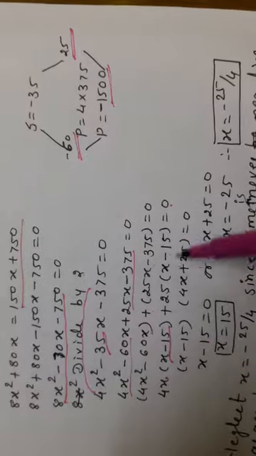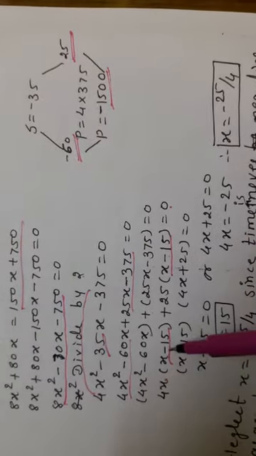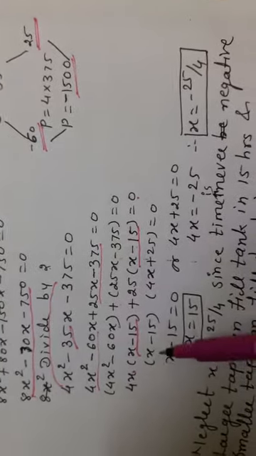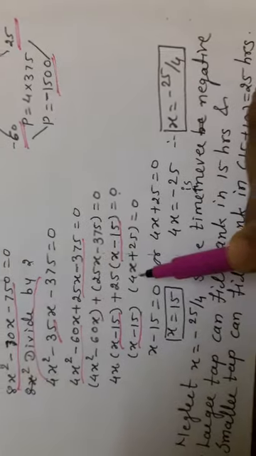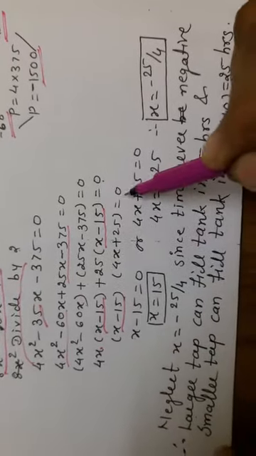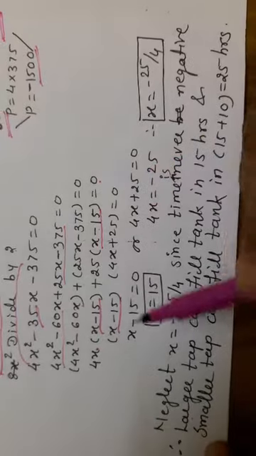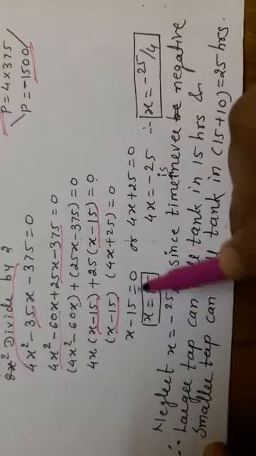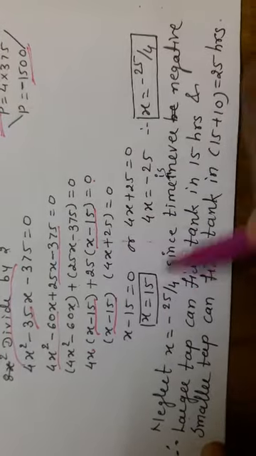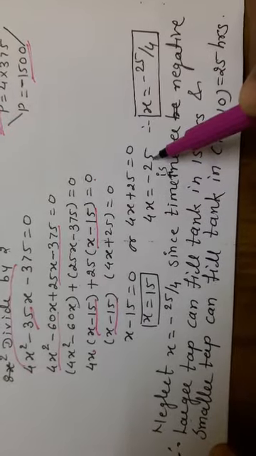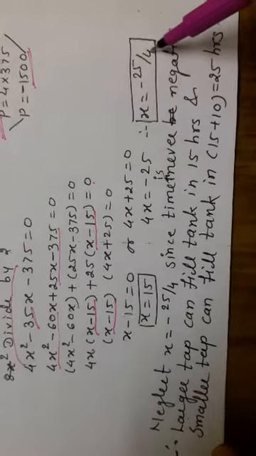Are you finding this bracket is common to both terms? So we will take out x minus 15 and 4x plus 25, which is in the second bracket, which is equal to 0. On equating each factor to 0, we got x is equal to 15 and 4x is equal to minus 25, x is equal to minus 25 by 4.